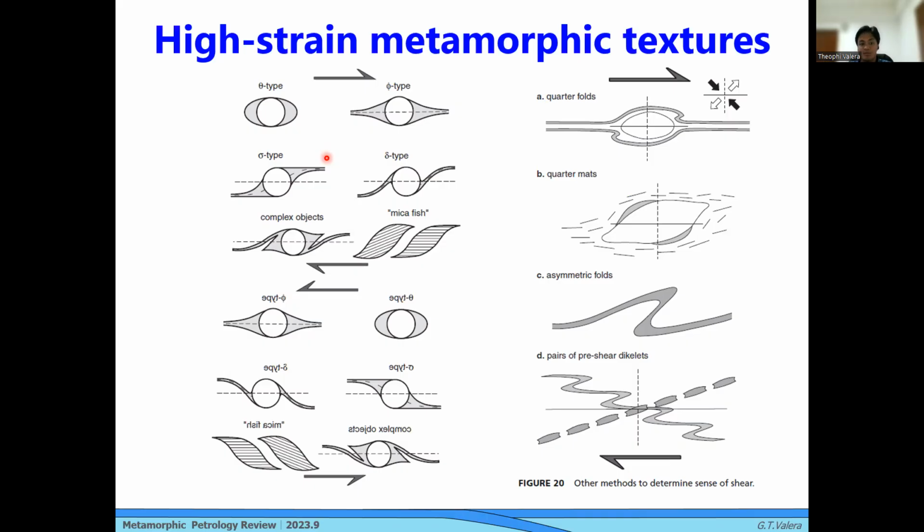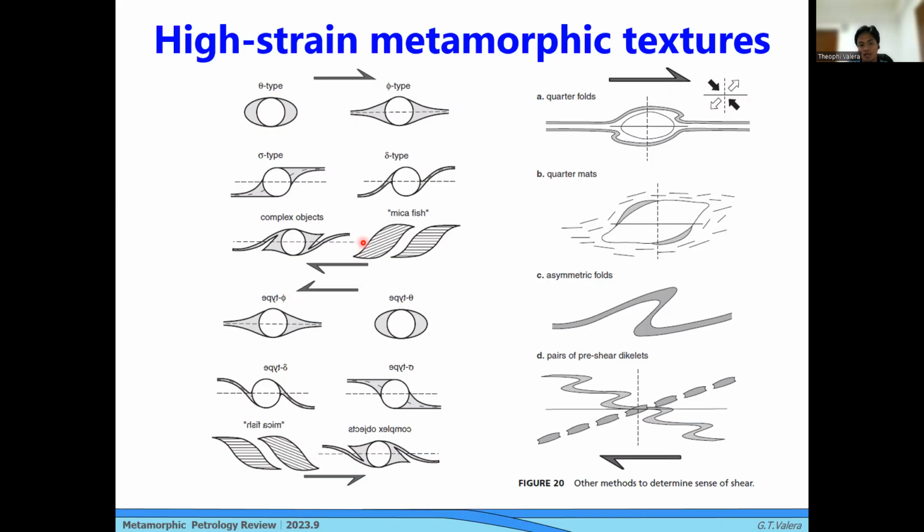Stretching is happening, meaning sigma 3 is parallel to that direction. So you cannot identify this perpendicular to the foliation plane. The shear sense indicators should be along the foliation plane.